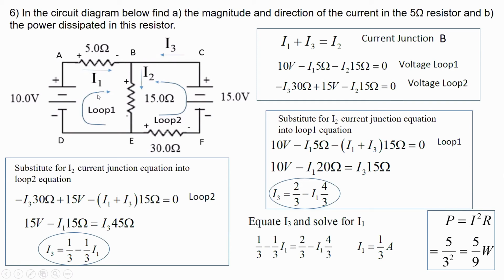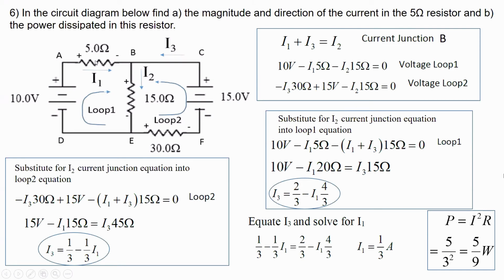But I chose to go in this direction, clockwise, starting out with the power supply minus to plus. The power supply gives us a positive 10 volt potential. And then the current I1 through the 5 ohm resistor, that's a potential drop.